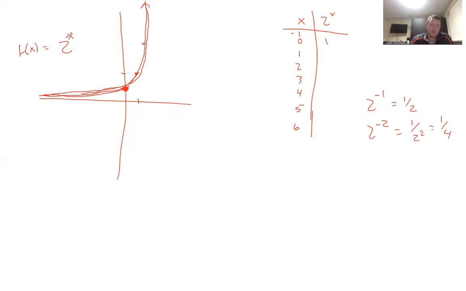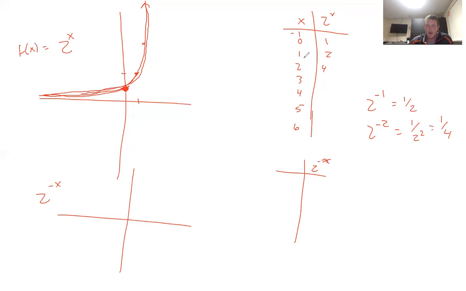What happens if it would be negative here? So what if I had the graph of 2 to the negative x? Well, instead of this being 2 and this being 4, this would be 2 to the negative x. The same thing, at 0, you'd still get 1.